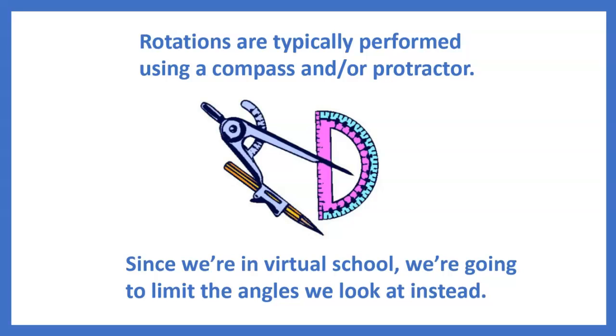And instead we're going to be restricting the angles we look at to things that we can figure out intuitively rather than using tools. So we're going to limit what we're looking at to 90-degree rotations and multiples of 90 degrees. So that's 90, 180, 270, and then a full circle would be 360. That would end up where we began. We're going to limit our rotations to those.